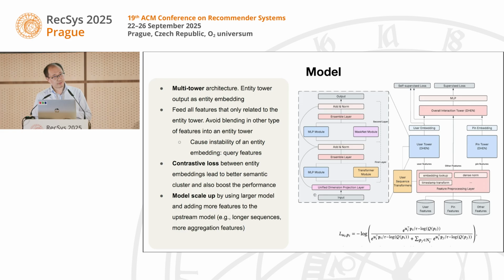Another extreme example is that if you want to include some search queries, like a query-side feature, that will cause instability so strong that it will even hurt the downstream performance. From our experience, it's definitely recommended to keep the purity of the embedding.